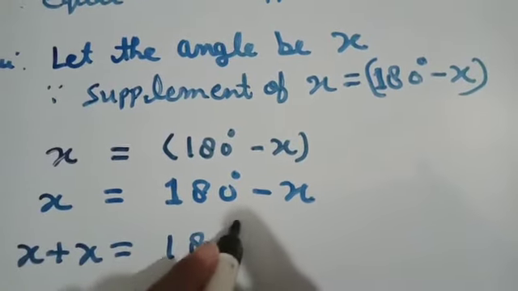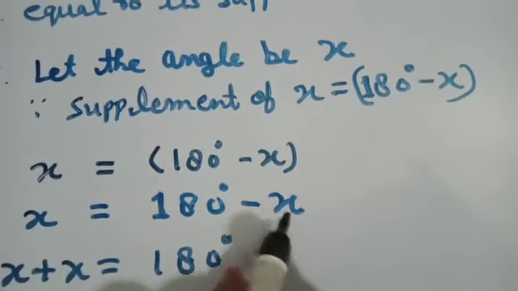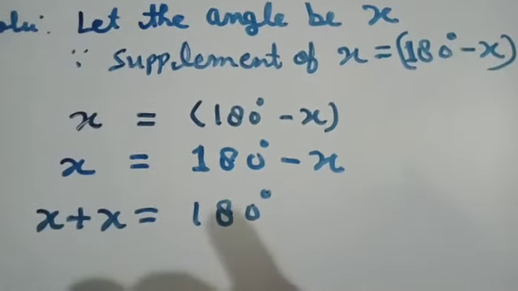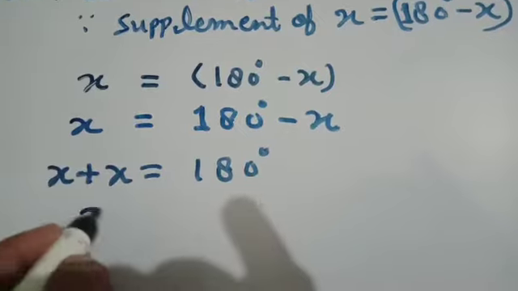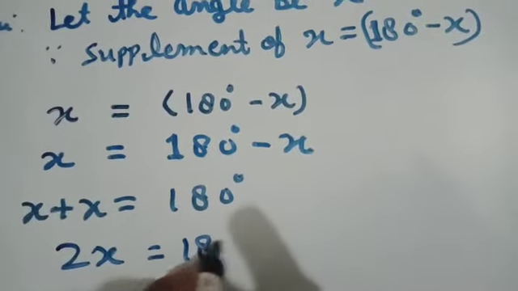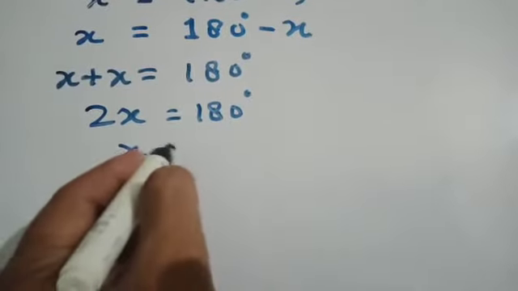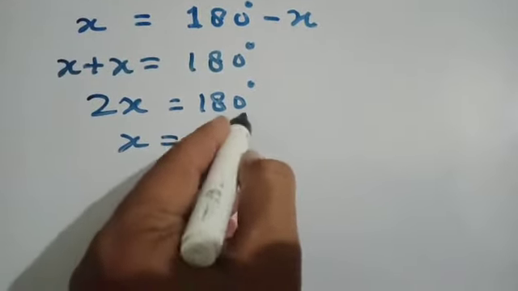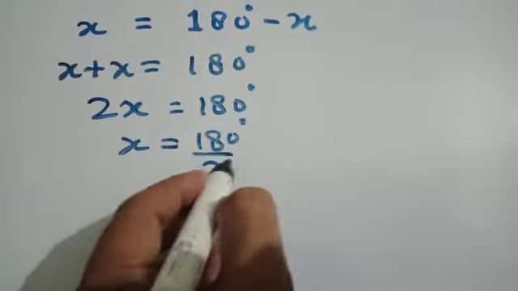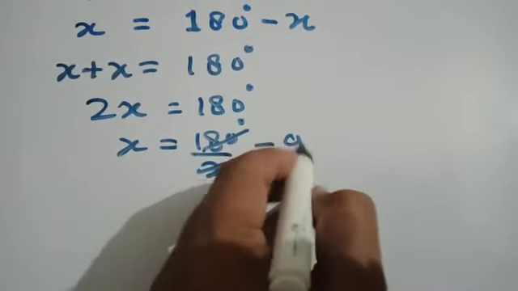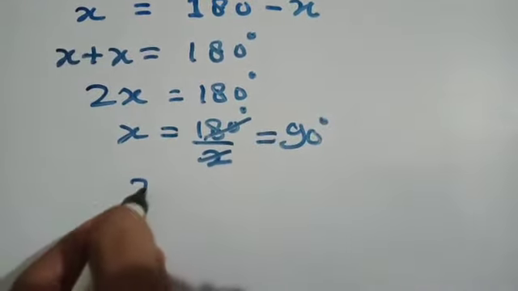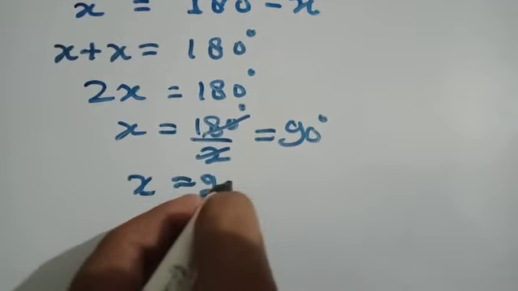X plus X is equal to 180 degree. Now 2X is equal to 180 degree. So the angle X is equal to 180 degree upon 2, that means 90 degree. The required angle is 90 degree.